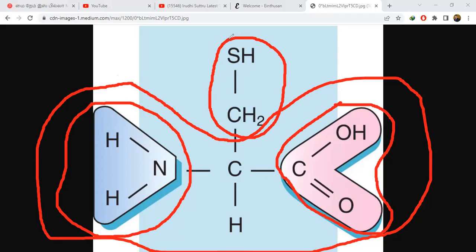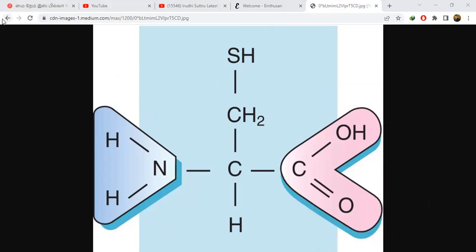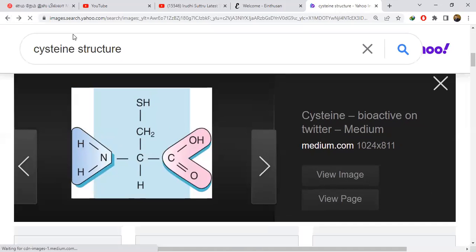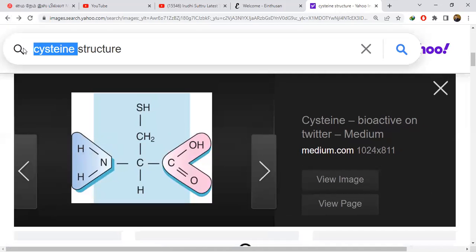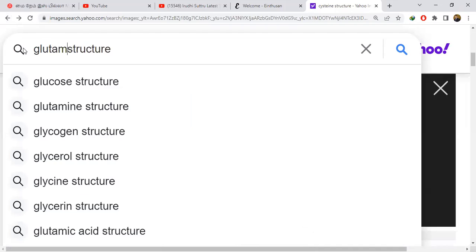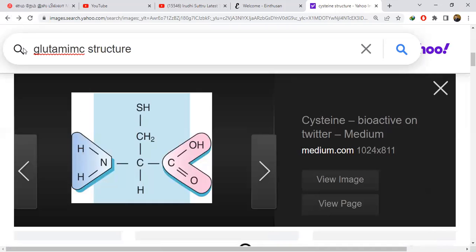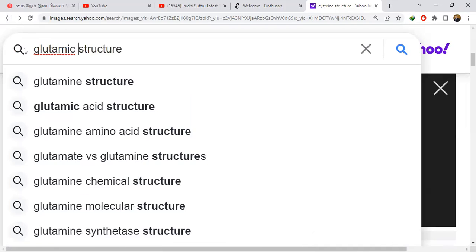In the side chain, here there is a sulfur atom also, correct? So it's a sulfur containing amino acid. I will choose another one. Their names are not fully in the syllabus. Okay.